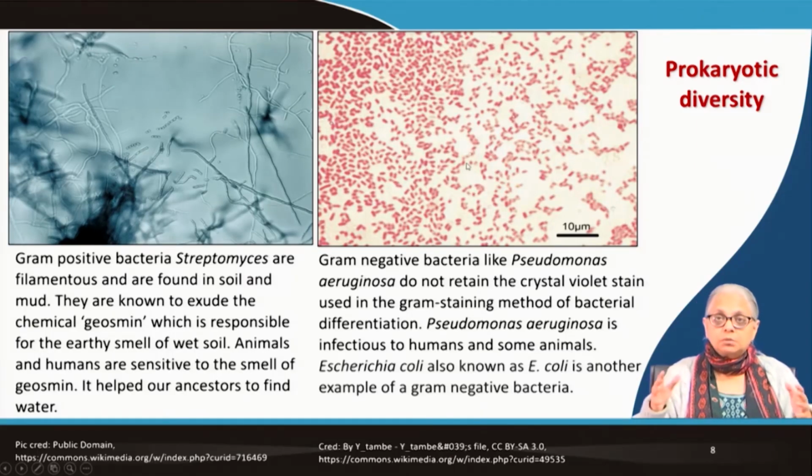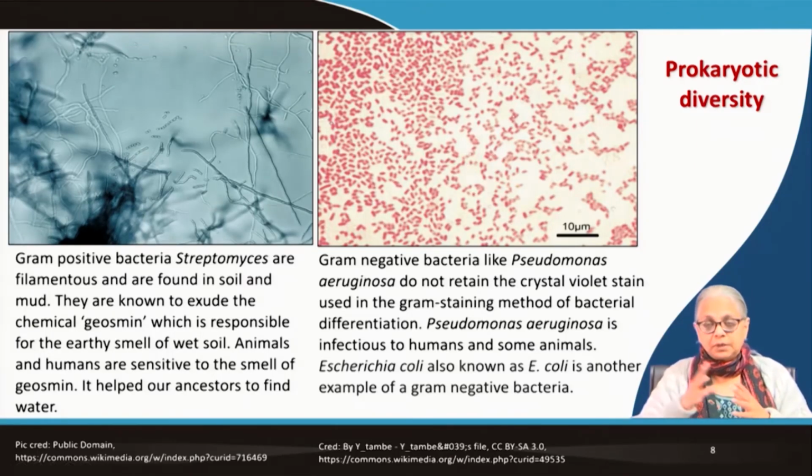We will talk about the gram staining procedure in the microscopy topic, but for now it's enough for me to say that for reasons of the structure of the cell wall, gram-negative bacteria are not going to retain the first stain, which is the crystal violet stain, and the second stain, the counterstain safranin, gives it an orange color. So what you see over here is an orange color. That is because the bacteria Pseudomonas aeruginosa is gram-negative.